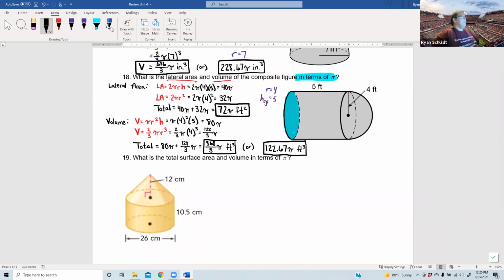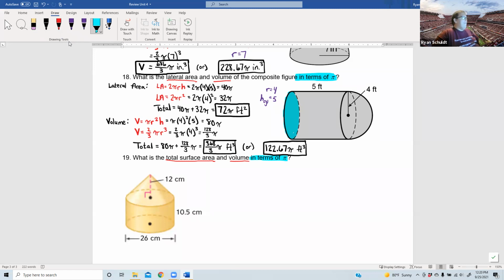They want us to find the total surface area and volume in terms of pi. Okay, so again, if I want total surface area, we've got to be careful here.